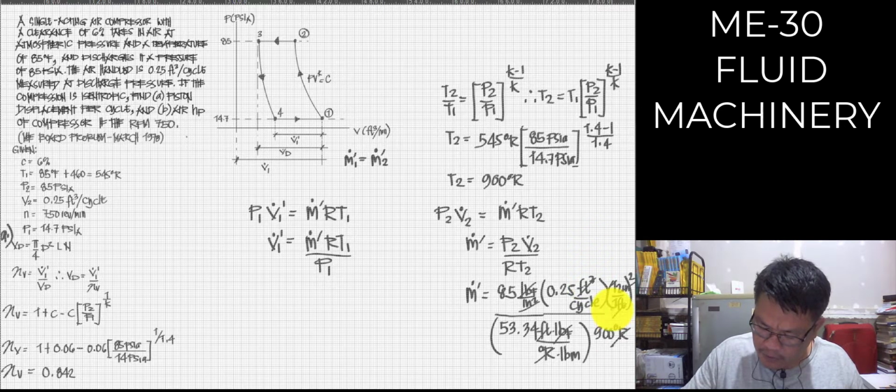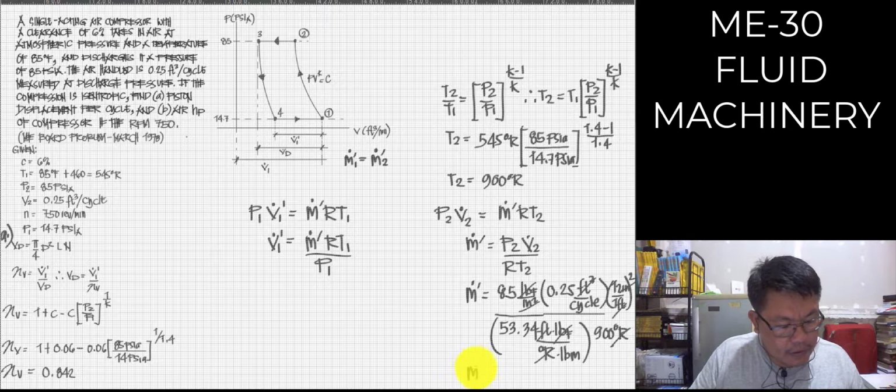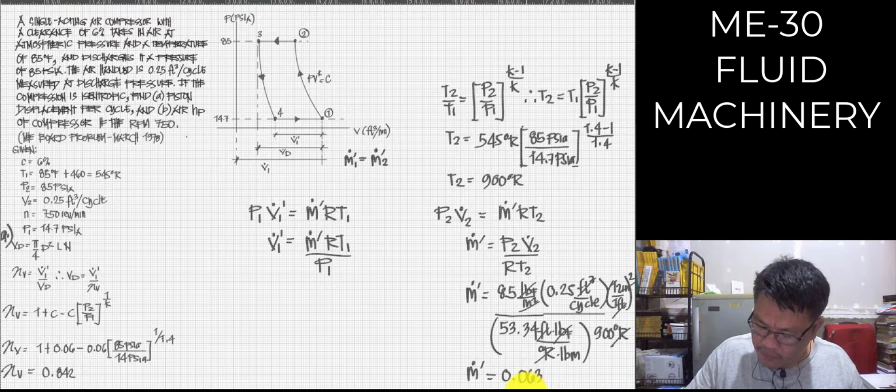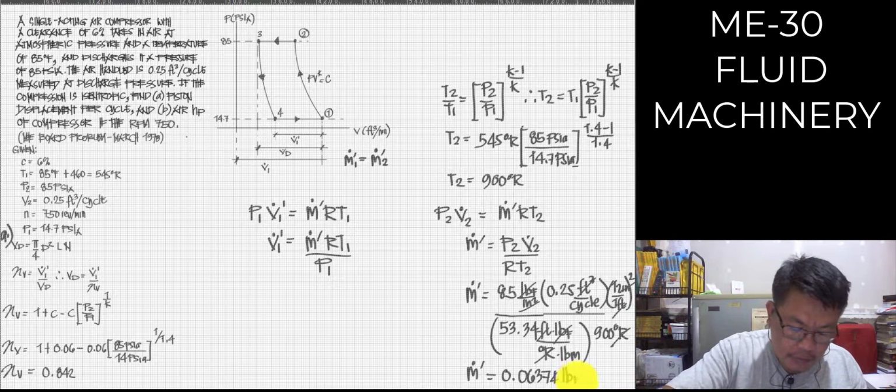So using your calculator, the mass flow rate prime is equal to 0.06374. The unit here is pound mass per cycle.